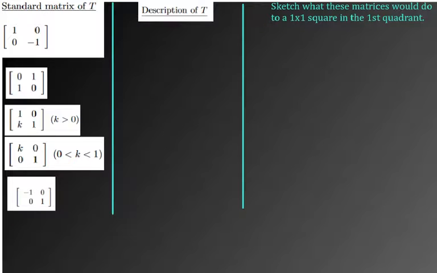So all of this comes down to knowing that this column is where i hat lands after a transformation, and then this column is where j hat lands. And this could extend to higher matrices too, but it's definitely easier to think of 2 by 2 ones. So if you think about this, it's saying that i hat really just lands where i hat is, but j hat goes to minus j hat.